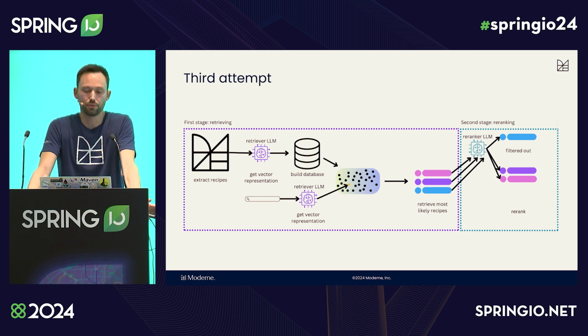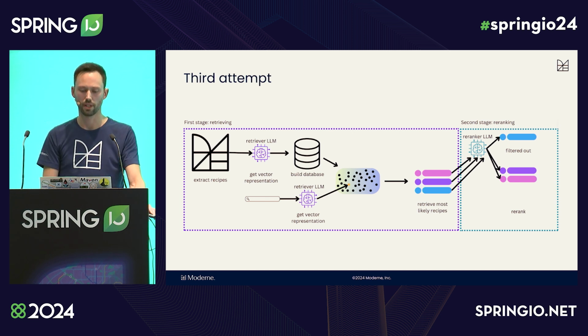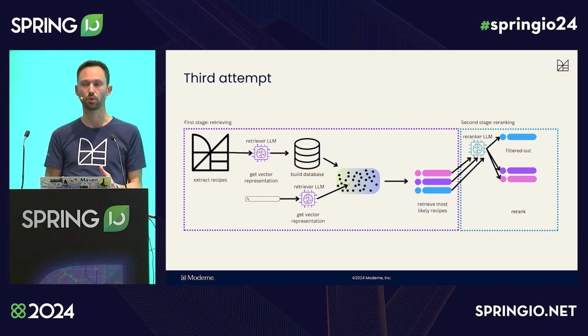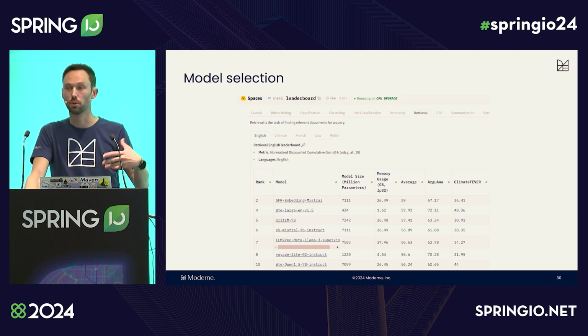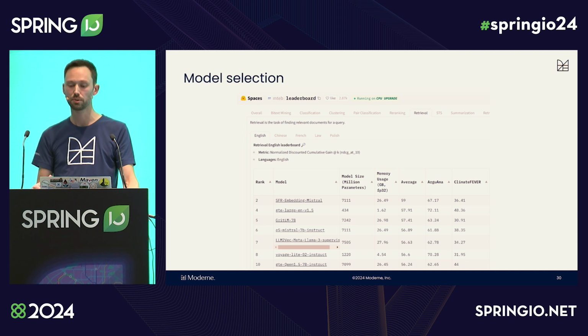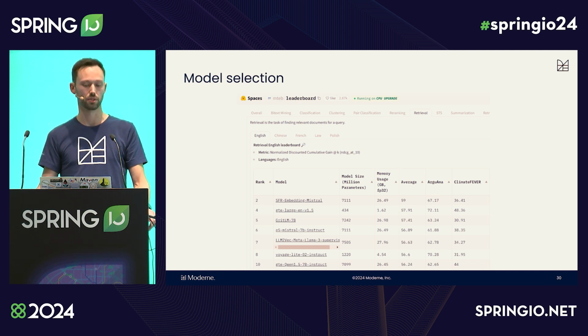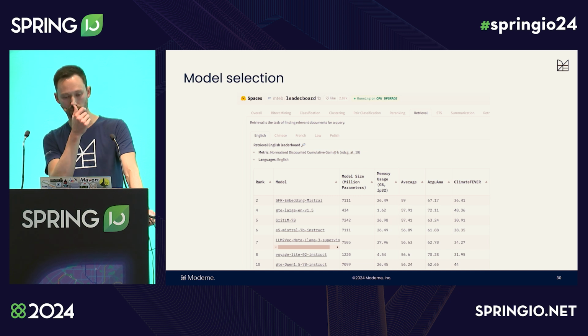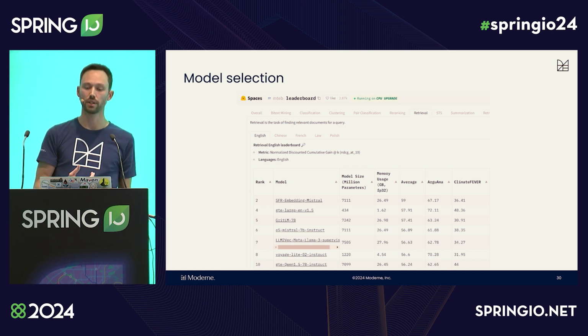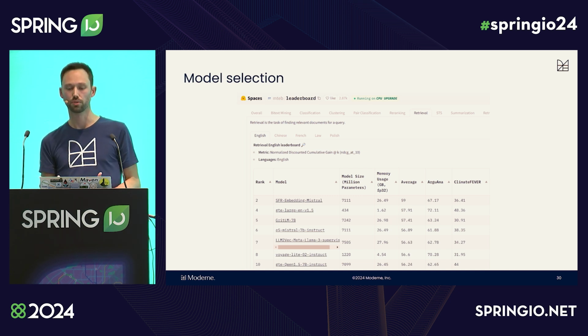So then we set out to find a better model, and there are a lot of models out there. And it can be overwhelming trying to find the best one for your particular task. Thankfully, Hugging Face, which hosts many different models, also hosts benchmark leaderboards, such as the massive text embedding leaderboard that you can see here. We use this benchmark to identify potential models for our search.